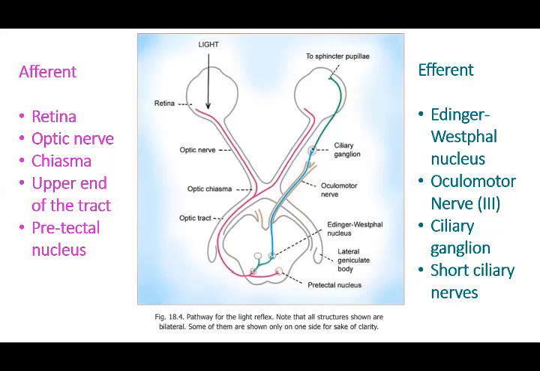This is branching out and ending in the pretectal nucleus. Got it? And from there, it's passing to the Edinger-Westphal nucleus. Okay, and from the Edinger-Westphal nucleus via the oculomotor nerve into the ciliary ganglion and then to the sphincter pupillae. So, do you get it now, Ali?